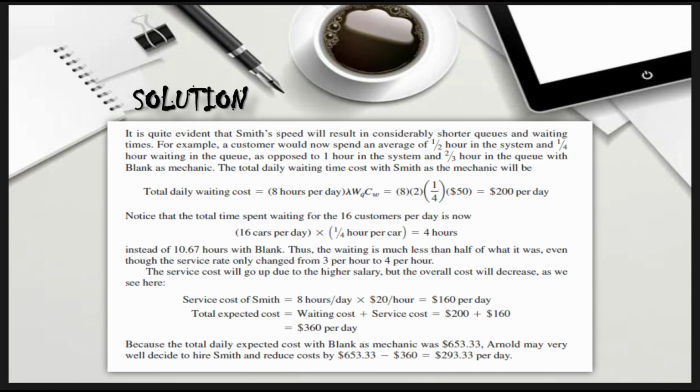So after substituting all the values on the given variables or formula, we will come up with $20 per day. Notice that the total time spent waiting for the 16 customers per day is now 16 cars per day times 1/4 hour per car would be 4 hours, instead of 10.67 hours with Blank.